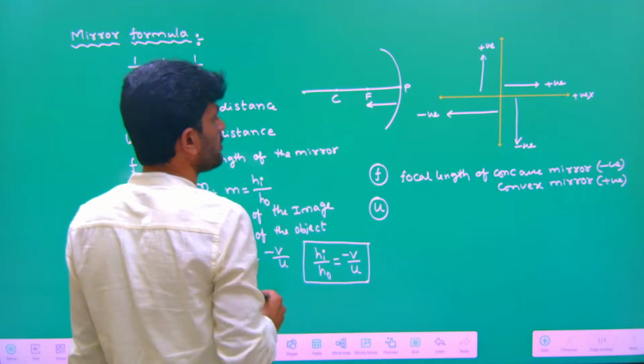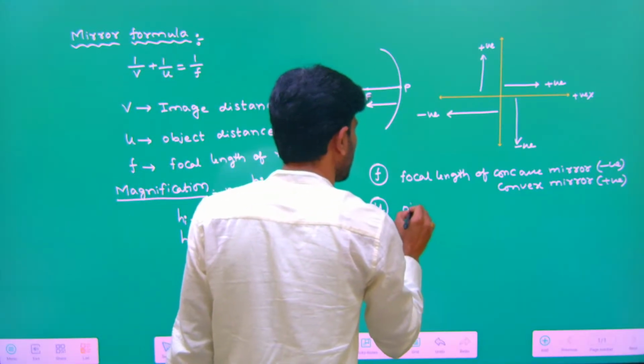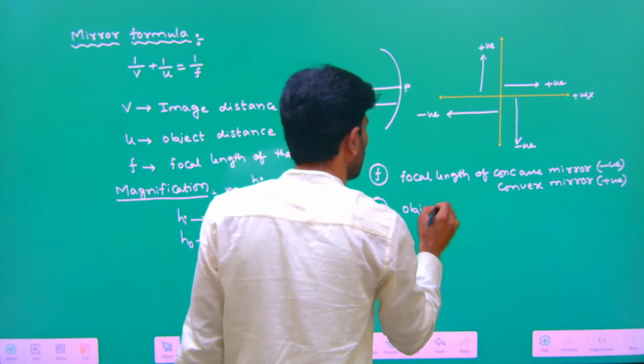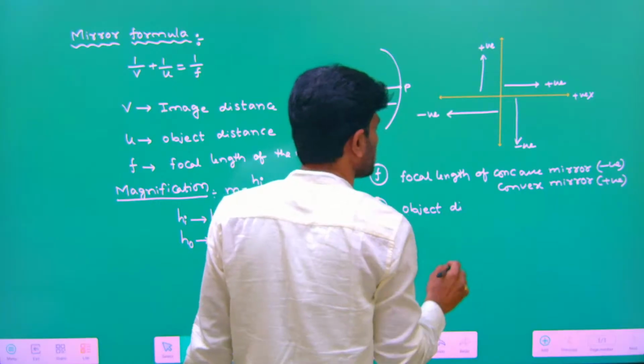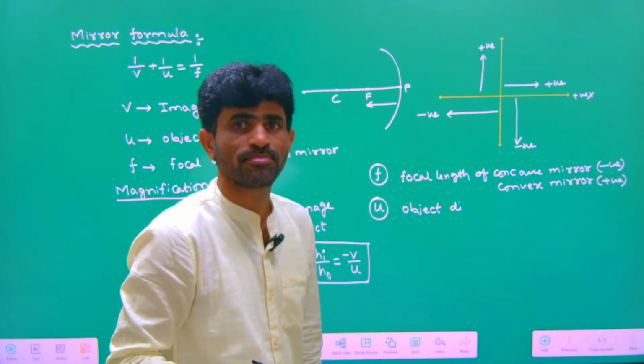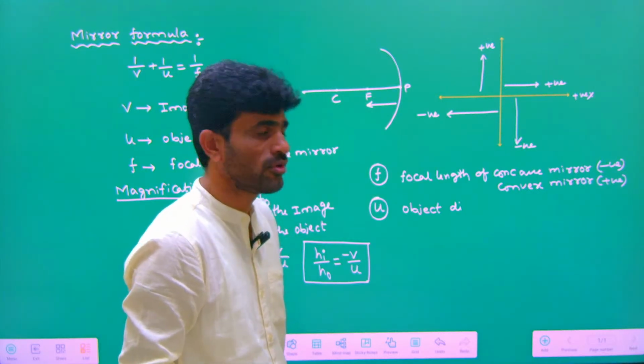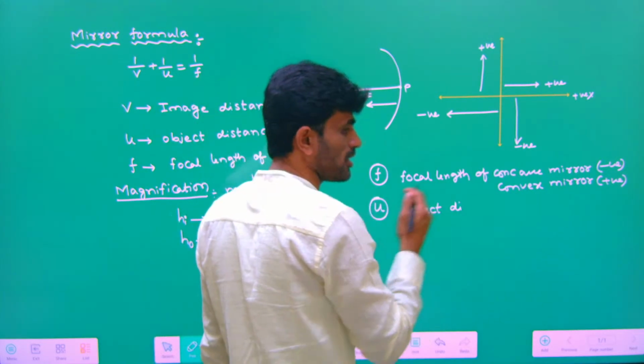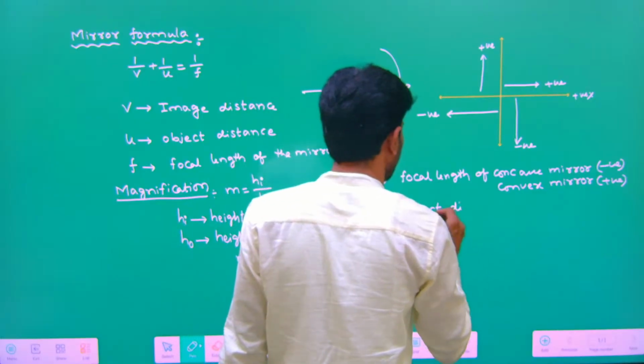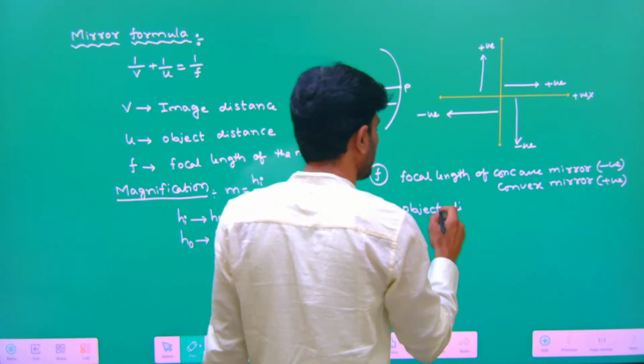Since it is on the left side, object distance is always negative, in every case, irrespective of what kind of mirror or lens you are taking, because we keep the object towards the left side or in front of it.